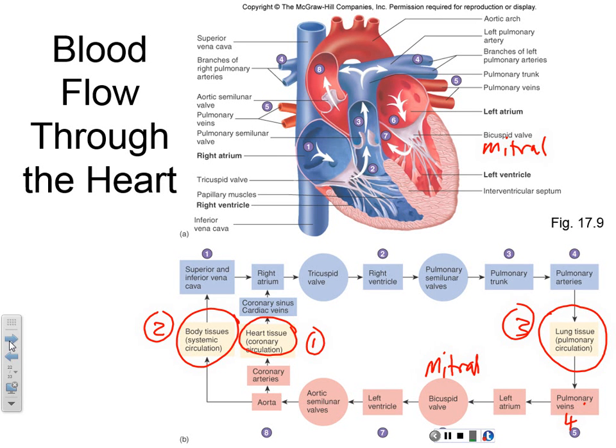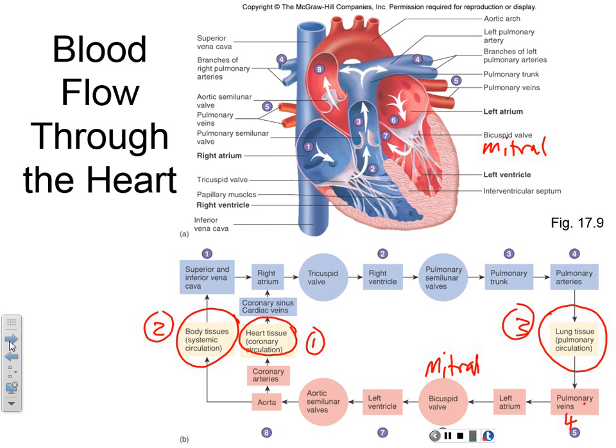It's an atrioventricular valve, then goes to the left ventricle. Then the aortic semilunar valve. If you just say semilunar valve, you get a half a point because there are 2 of them. So in this case, it's going through the aortic semilunar valve on the left side, going to the rest of the body, and then it starts again. Okay, so that's the flow of blood through the heart.